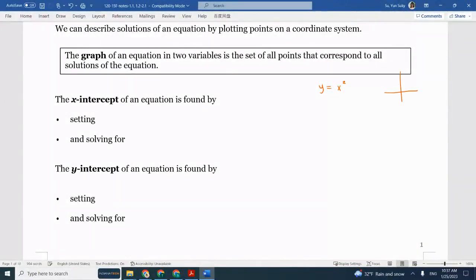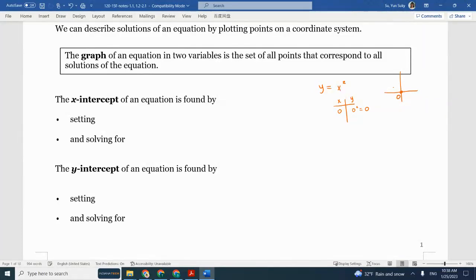If you have learned this before, this is a parabola. And how do you draw the graph of this parabola? Well, you have your x coordinate and y coordinate. You plug in some points. Let's say we plug in x is 0. Well, y is x squared, so 0 squared is 0.